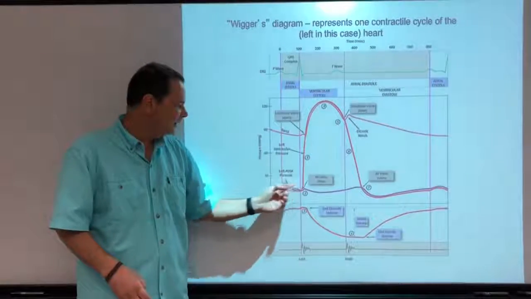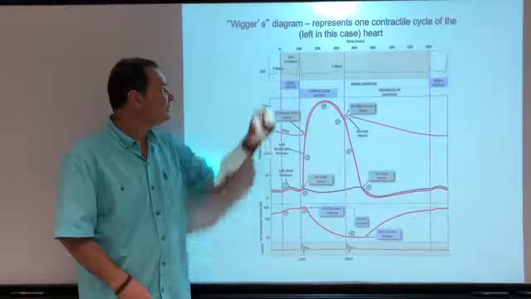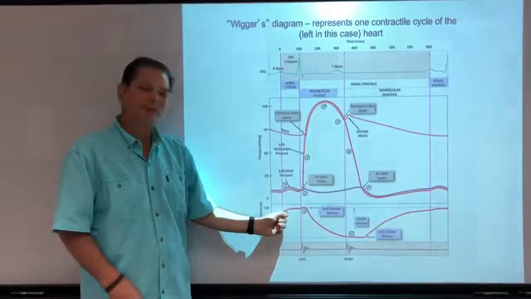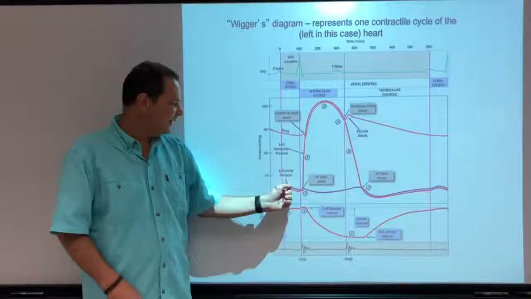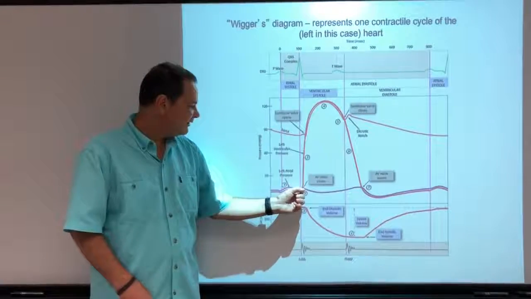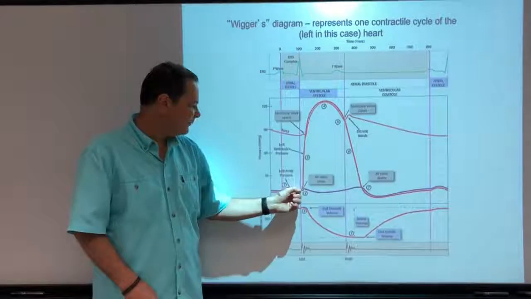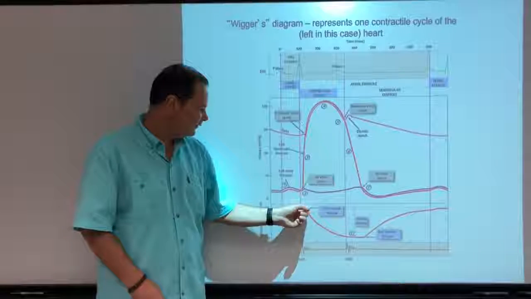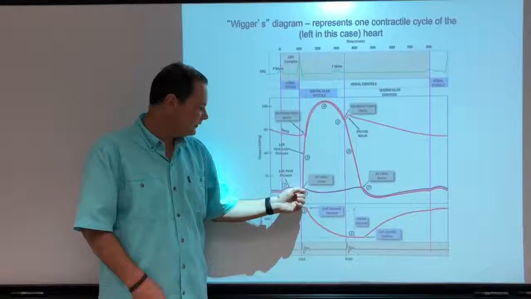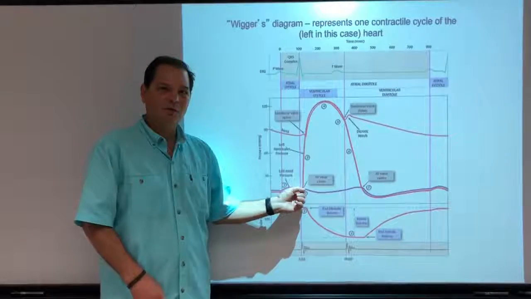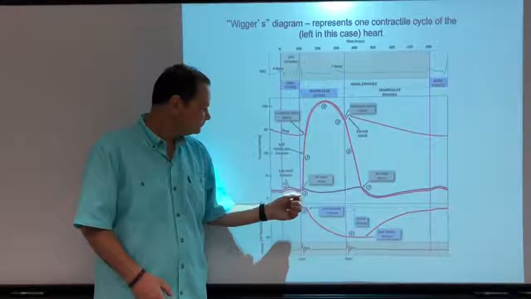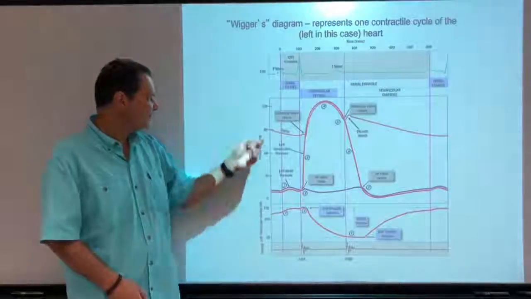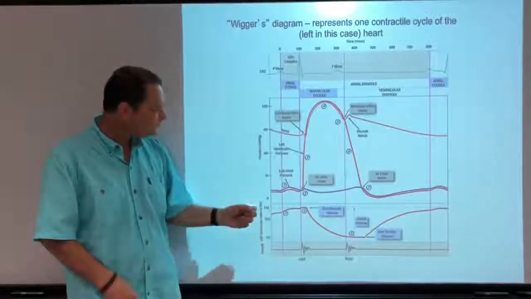Then this little hump is the atrial contraction. We know that because it corresponds with the P wave. Then the pressure in the ventricle, which is in the red, shoots up and goes above the left atrial pressure, and this is where your left AV valve, the mitral valve, closes, or the tricuspid valve on the right. This is left, and you can tell that from the pressures, they're high.